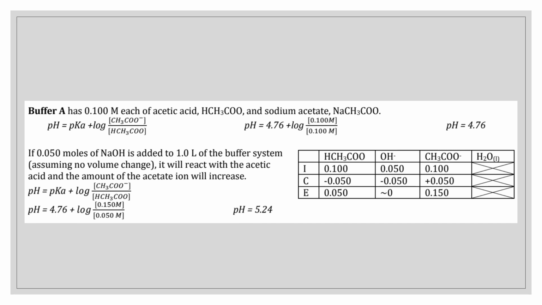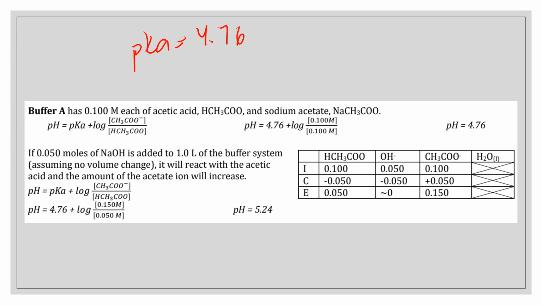Buffer A has a 0.100 molar solution of both my acetic acid and my sodium acetate. So hopefully you can remember now, my pKa is 4.76 for my weak acid.